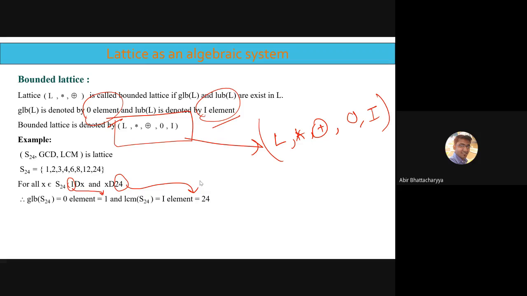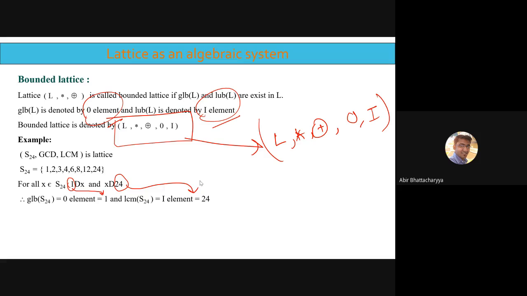It depends on the set. Not always is 1 the 0 element, and not always is 24 the I element. Or it may be possible that in some set the 0 element is not present. In that case, it is not going to be a bounded lattice.